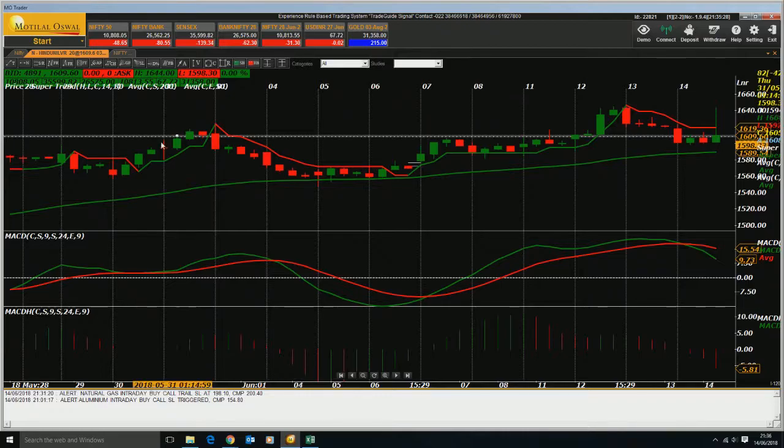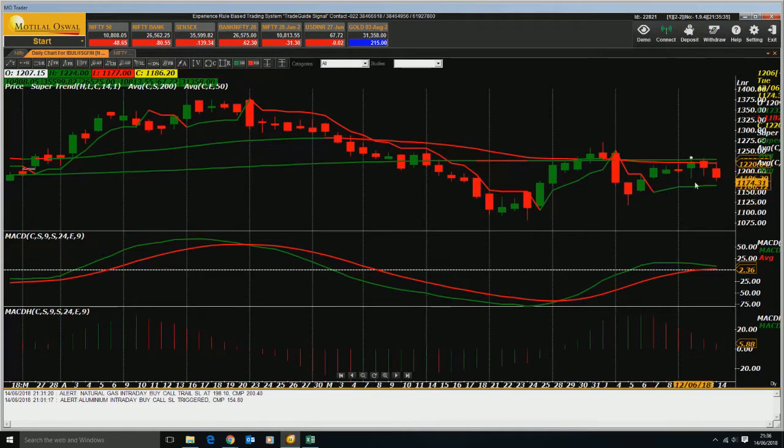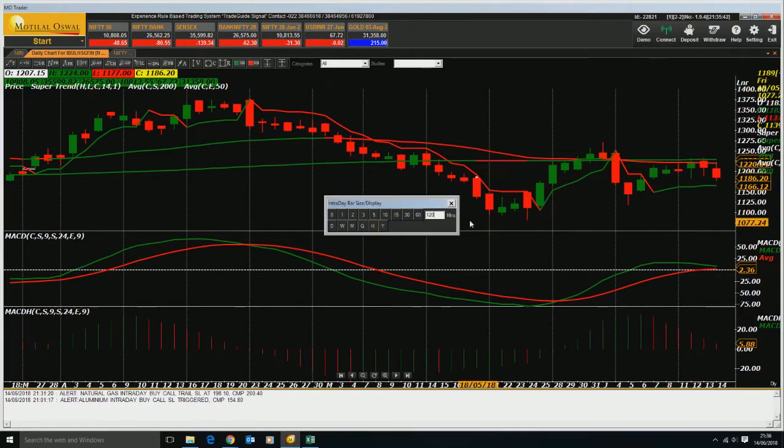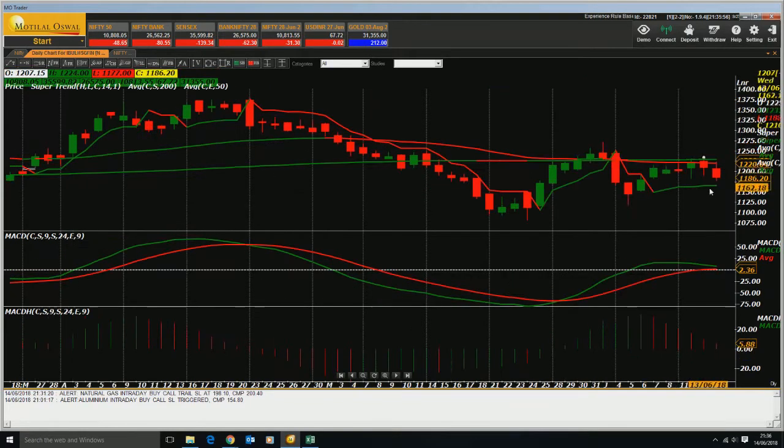So India Bulls Housing Finance on a daily chart, it is a buy signal, but more or less it's not sideways. But let me see on my execution time frame, 120. It's a sell signal, right? So in India Bulls Housing Finance, I could go short only if it closes below 1150.